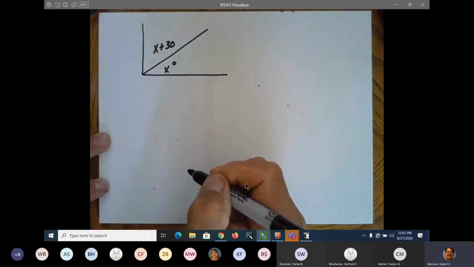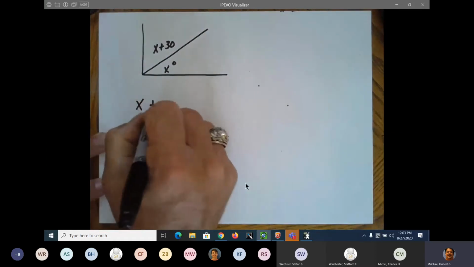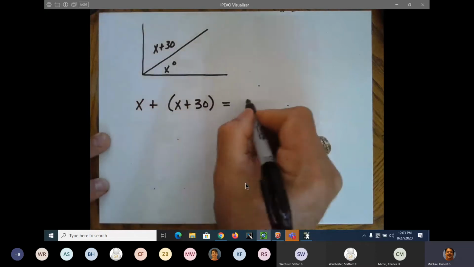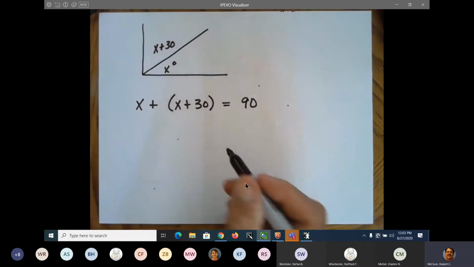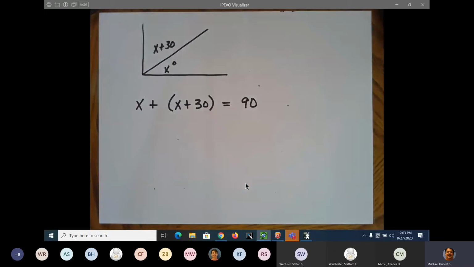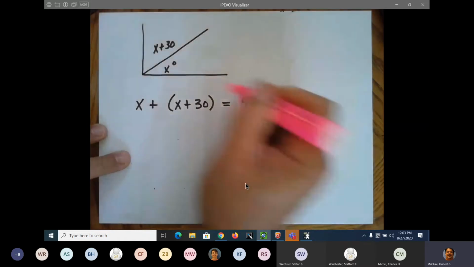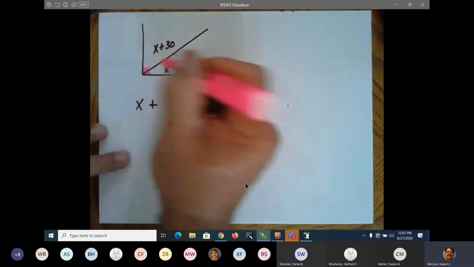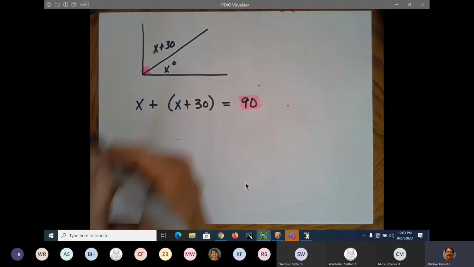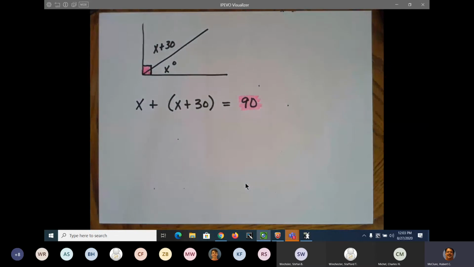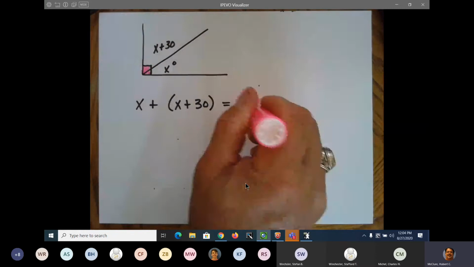Then I know I can take X plus 30, and that's going to equal 90. Now the 90 comes from the two lines coming together to form a 90-degree angle. And there usually will be a box down here. It looks like this, to show you that those two lines are equal to 90 degrees. And that's where the 90 comes from.